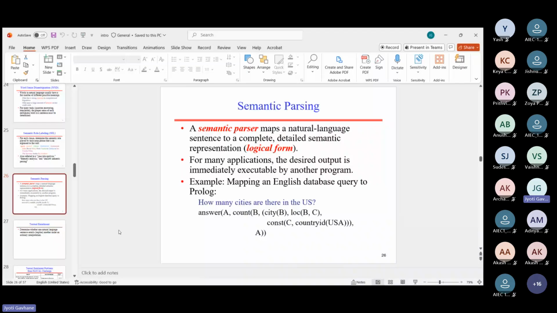Mapping an English database query to Prolog is difficult, because what will come in the English database? And again, with English, when we come across the writing, universally everyone has to follow the same rules.